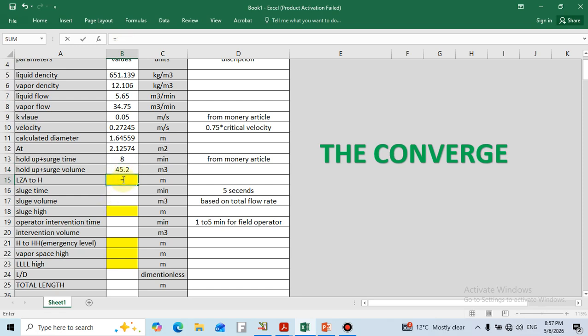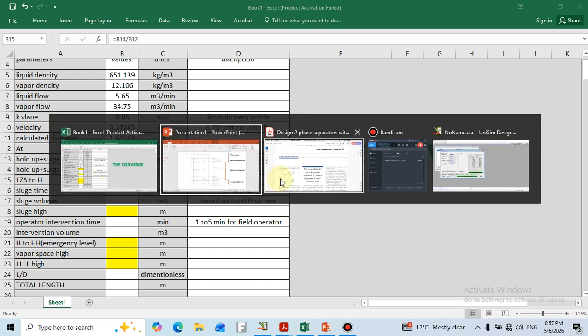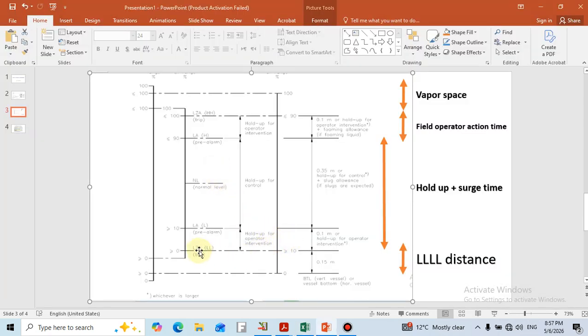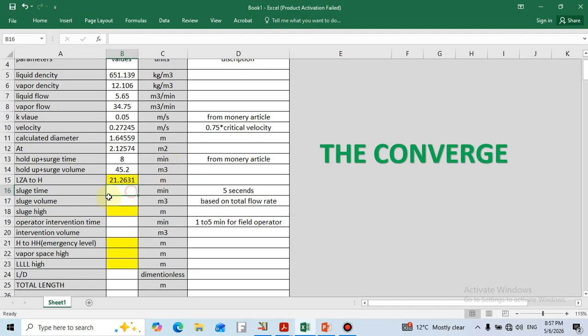So we have the volume and the cross-sectional area, and we can easily turn it into the distance. You can see 21 meters is the distance between the low liquid level and the high level, which is known as the pre-alarm on the DCS. So we need a slug time.